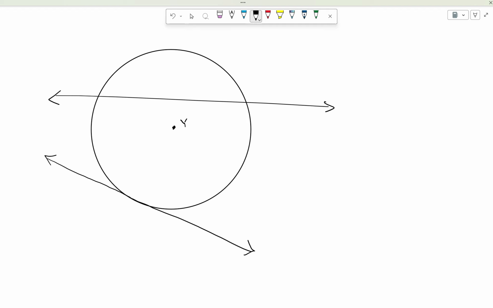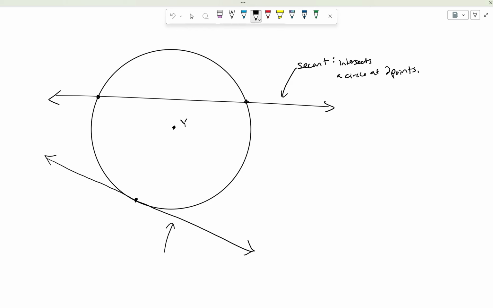Now, this line that intersects at 2 places, this line is what's called a secant geometrically, with regard to the circle. And it's just a line that intersects a circle at 2 points. Now, what's possible? We can intersect it at 2 points, or we could do it at just 1 point, exactly 1 point.